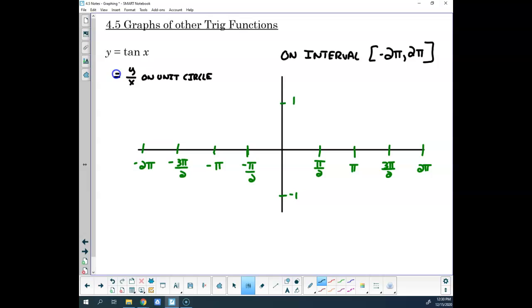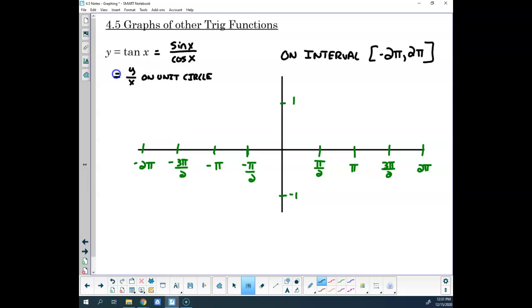Exactly. Tangent is also sine of x over cosine of x.